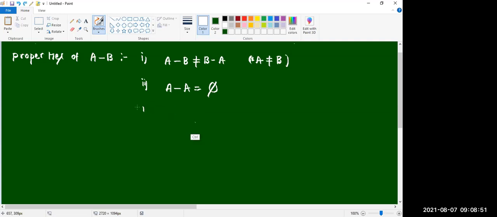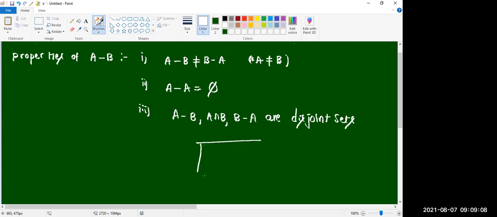Okay? And one more, third one is A minus B, A intersection B, B minus A are disjoint sets. Common elements won't be in this.